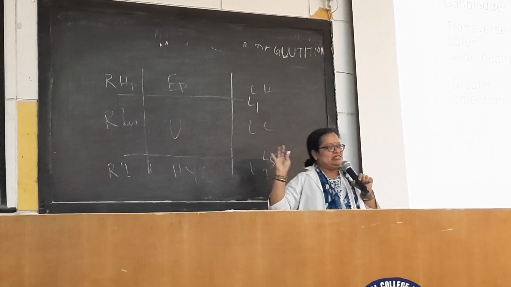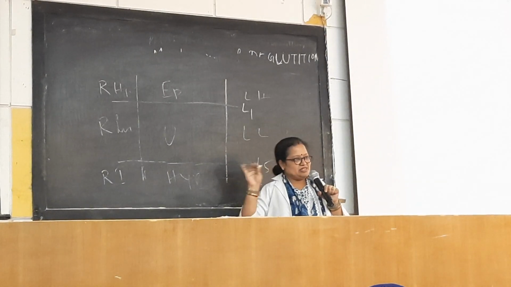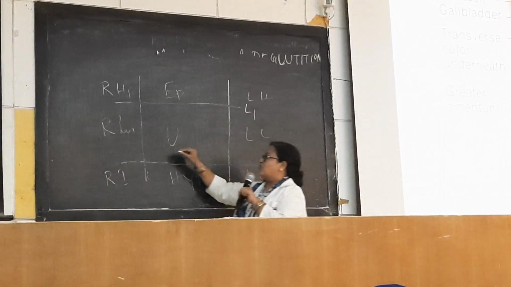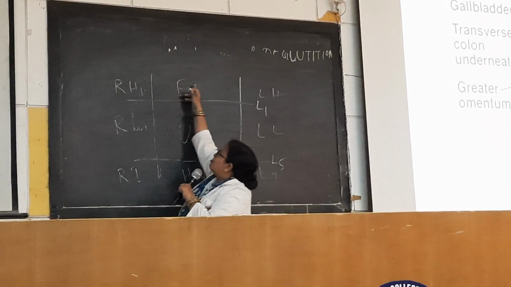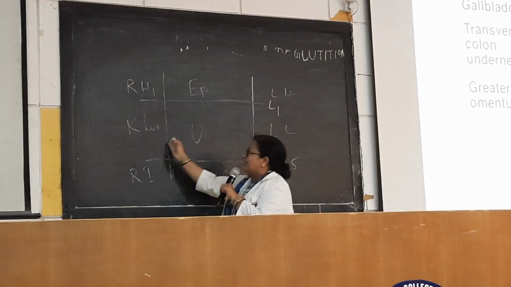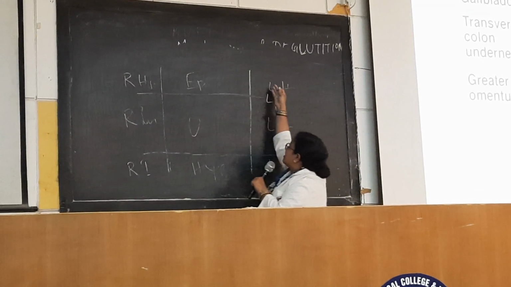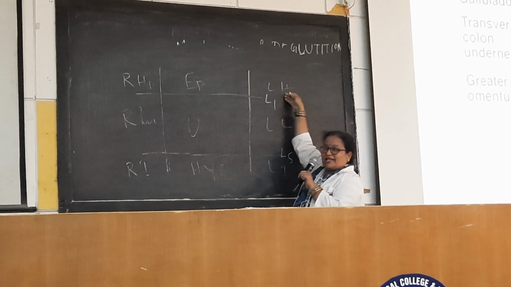And you remember the disposition of viscera. The whole of the right hypochondrium and epigastrium, towards the left hypochondrium, comes the liver. Here in the middle, the stomach. Here in the left hypochondrium, spleen.